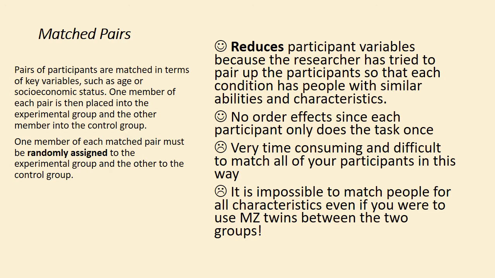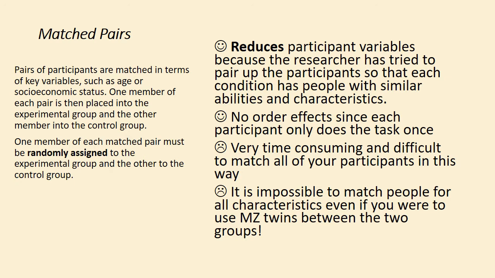It doesn't get rid of them, it just reduces the participant variables. So matched pairs is arguably better than independent groups, but realistically, you wouldn't use it unless you believe that a particular variable is going to become confounding.